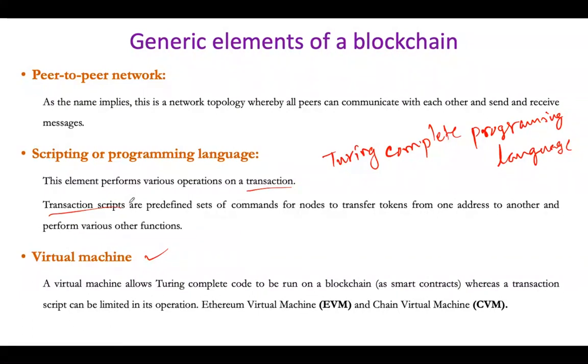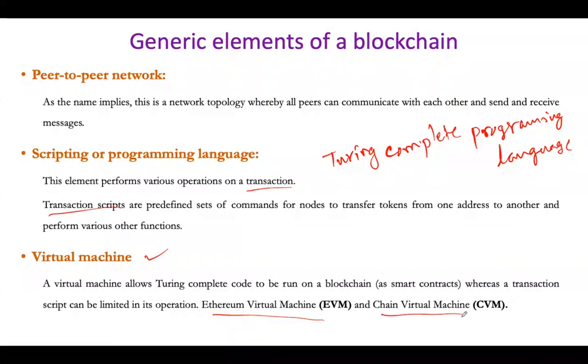Virtual machines are not available on all blockchains. However, various blockchains use virtual machines to run programs, for example the Ethereum virtual machine and the Chain virtual machine.